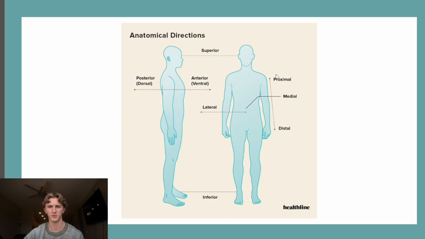Another example for proximal versus distal: the bicep muscle is proximal to the wrist. You can see the bicep is closer to the origin of the limb as opposed to the wrist. And finally, medial versus lateral: you could say that the nose, which isn't on this diagram, but you can imagine, is medial to the ear. The nose is closer to the midline than the ear is.